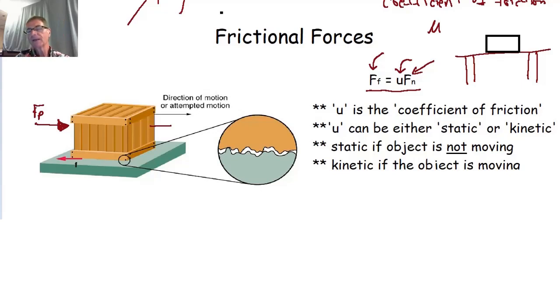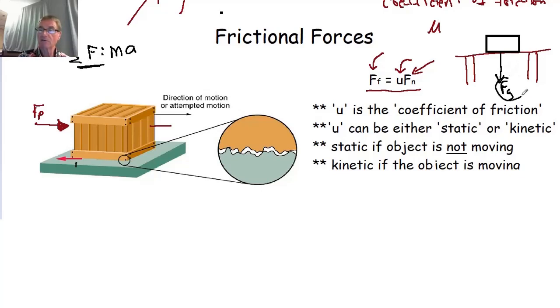There's the force due to gravity on the box, right? And that force due to gravity is pulling in the downward direction. Newton's second law says that the sum of the forces on an object is equal to its mass times its acceleration. The box is sitting on the table, so it's not accelerating. However, there is a gravitational force acting on the box.